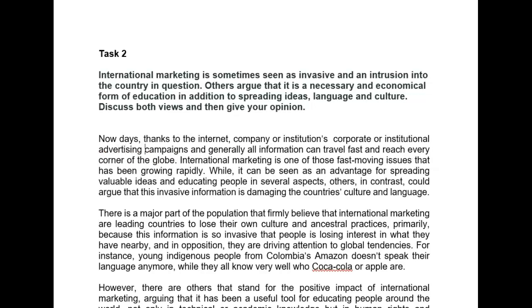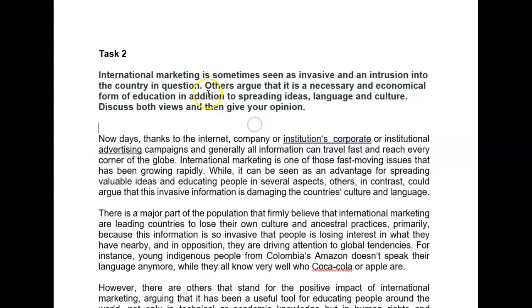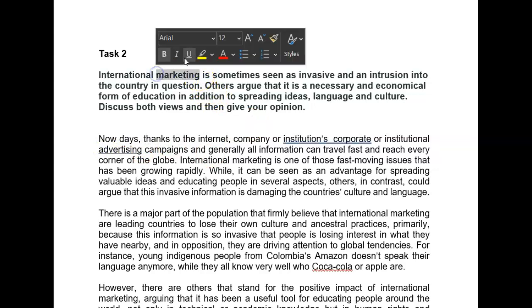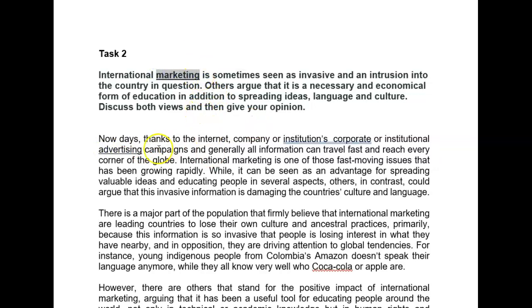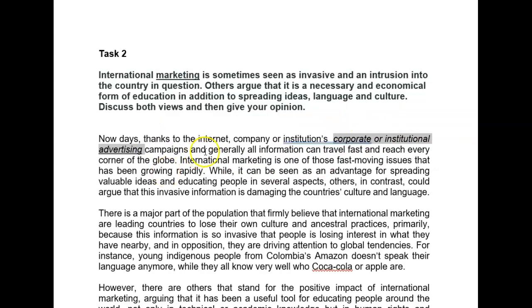Advertising. You've got to get this word in here, advertising, because this is exactly what this essay is about. This is the most important word. You show me advertising, and this is what we're talking about, marketing. Okay, it's not really trade. So I would prefer this, using these as adjectives. And generally, all information can travel fast and reach every corner of the globe.